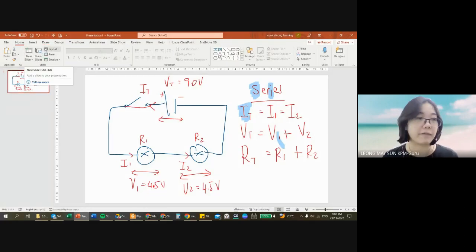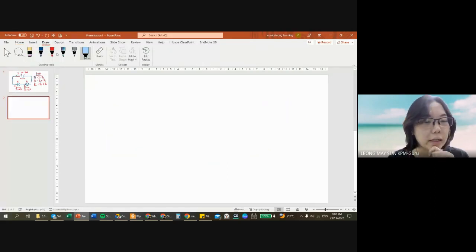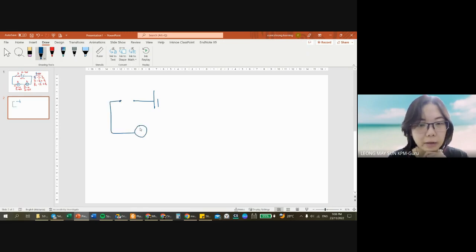I'm going to change slide in 5, 4, 3, 2, 1. Okay, now I'm going to connect another circuit. This time, power supply connected to a switch. My light bulb now is above and below.